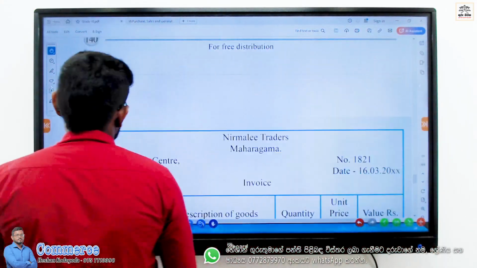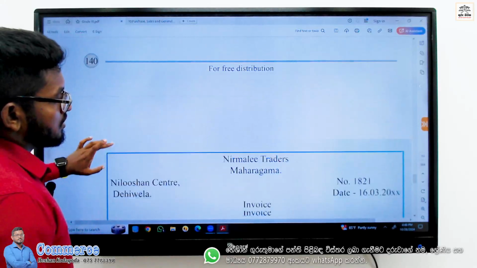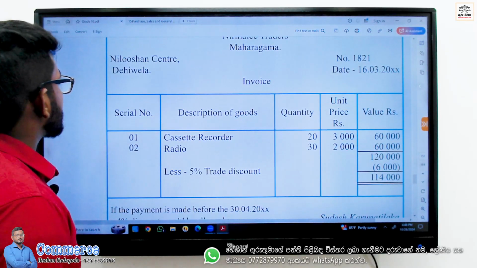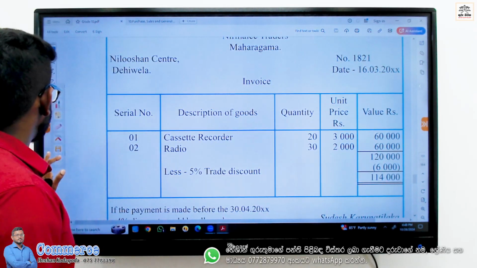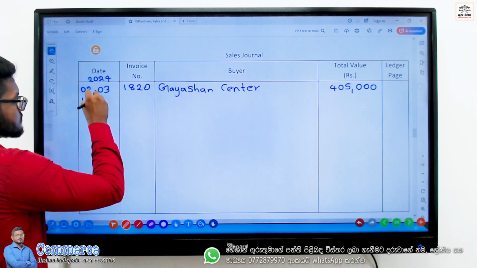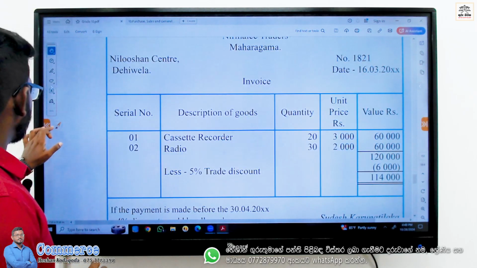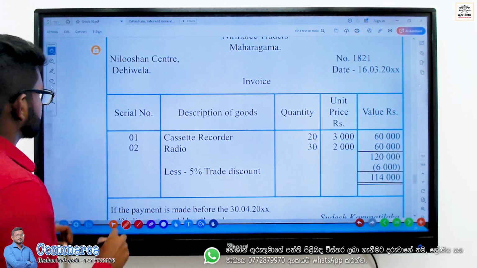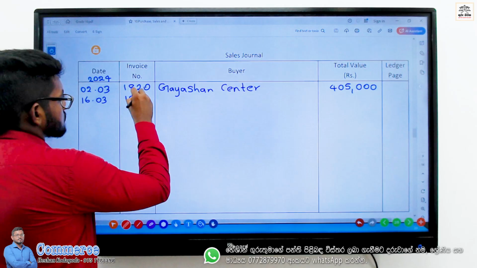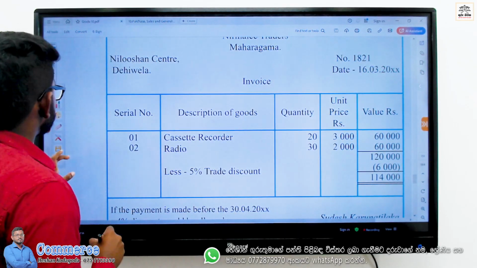Next one. The second one is to Heshan Center, 16th of March, invoice 1821, Nilushan Center.